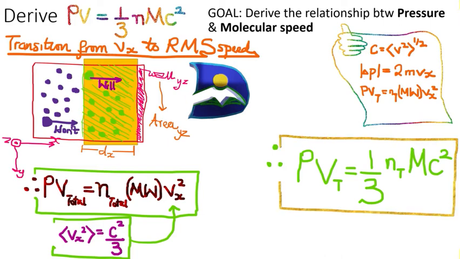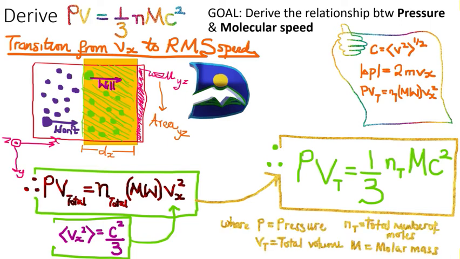Therefore, we have shown the direct relationship between P, which is pressure, and that of the molecular speed, which is represented as the root mean squared speed expressed as c.